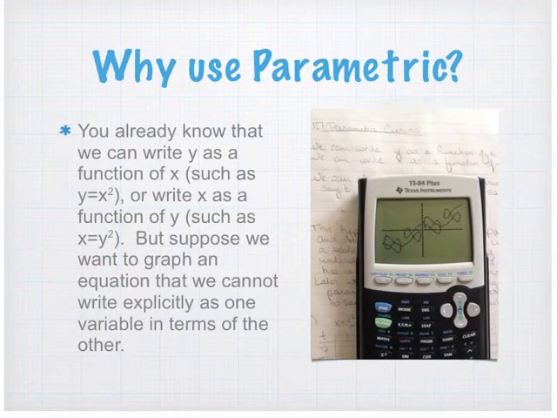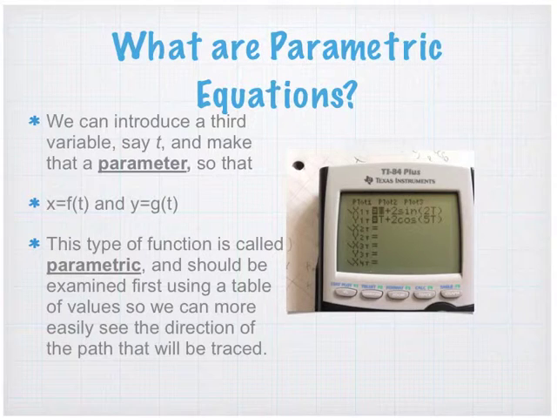But suppose you want to graph an equation that you can't write explicitly as one variable in terms of another. In that case, you're going to need parametric equations. How that works is you use a different variable. In this case, we're usually going to use the variable t, and that's going to be called your parameter.